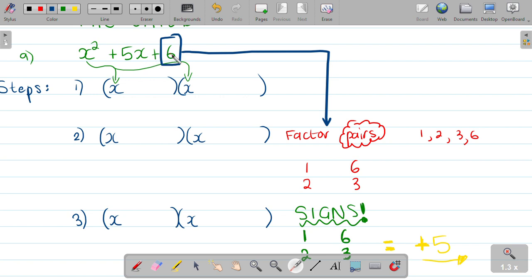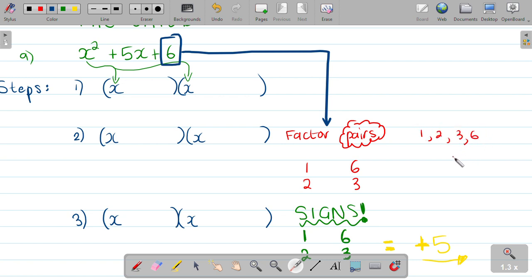So my third term is what? It's the value of 6. So now we're going to list the factors of 6, but we're going to pair them together in a specific way. If you can do the factors with me of 6, it's 1, 2, 3, and 6.